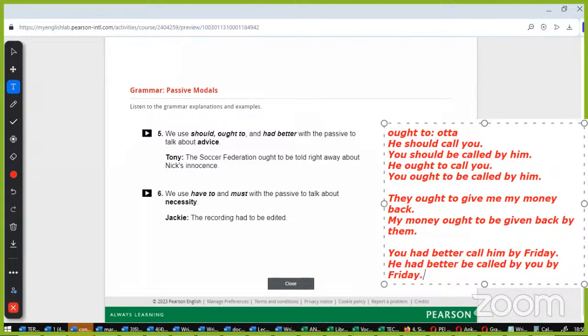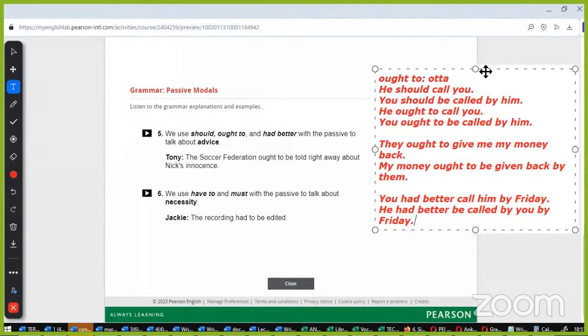Oh, I can use by two times? Yes, you can use it because it has a different meaning. By you, by Friday, yes. Okay, I don't know if you've got any questions with number 5. No, mister.